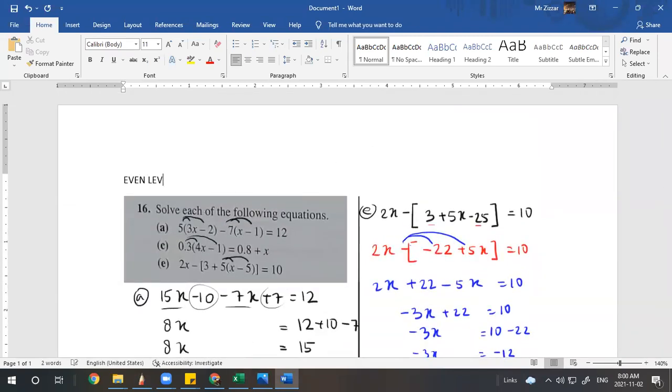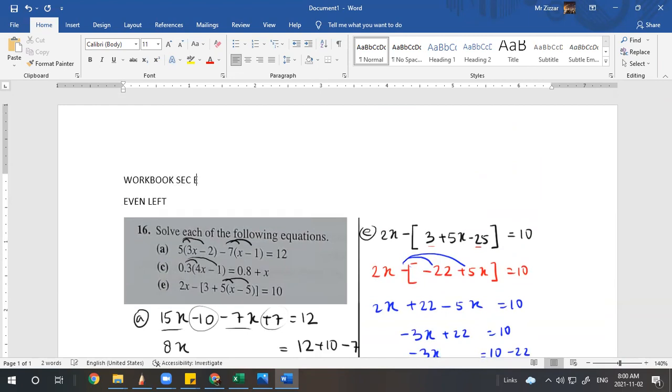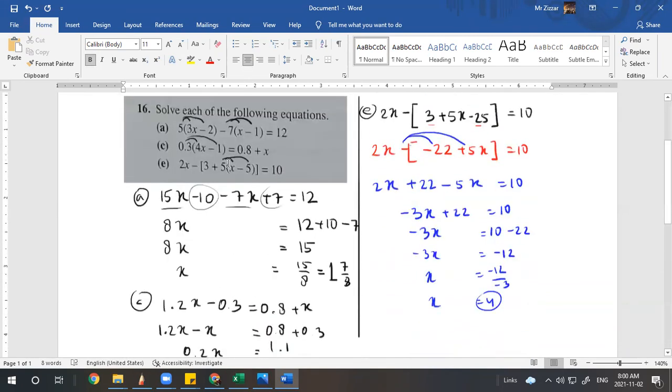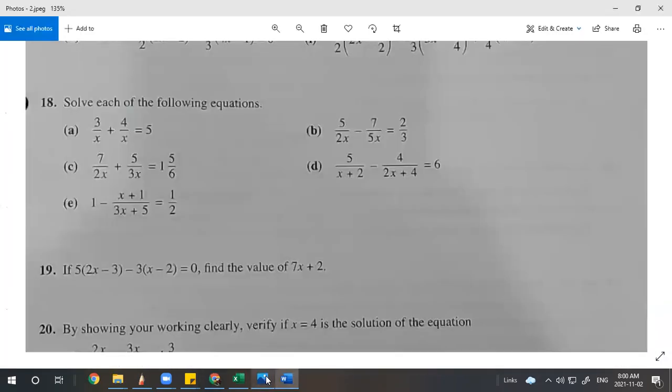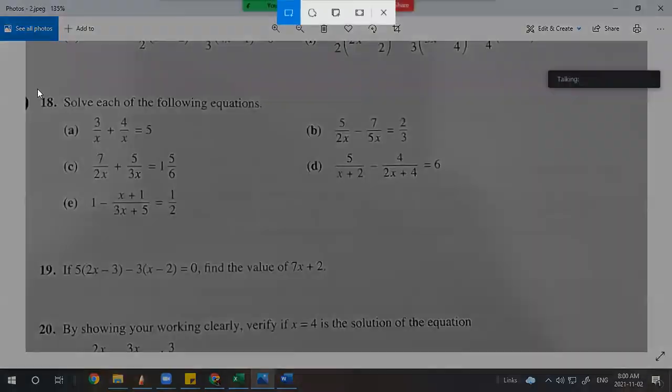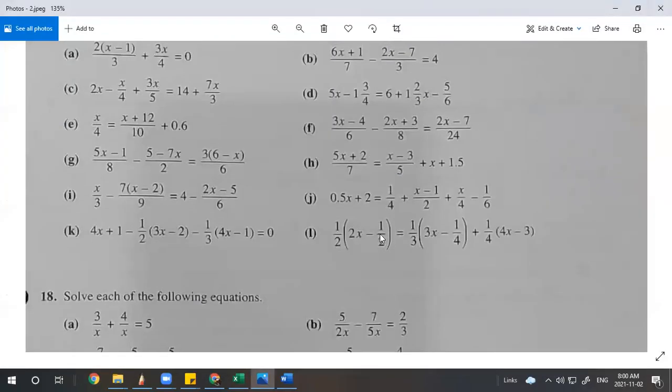Even left, and this will be your workbook sec 1 chapter 5, intermediate, advanced, and new trend. Okay, done. Even left, pay attention here, even and left. Okay, 18 now.